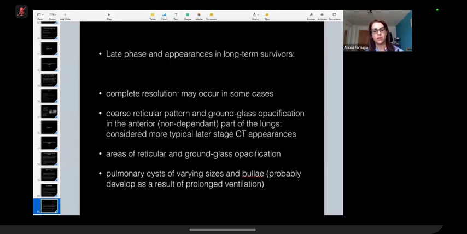They can get pulmonary cysts, likely because of their prolonged ventilation.